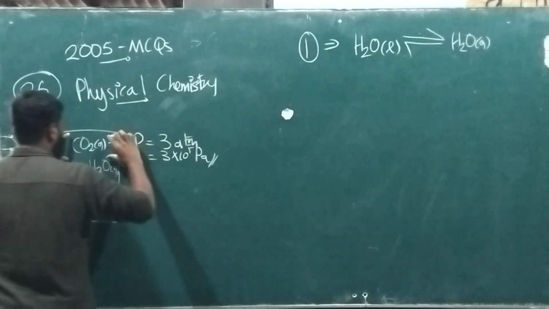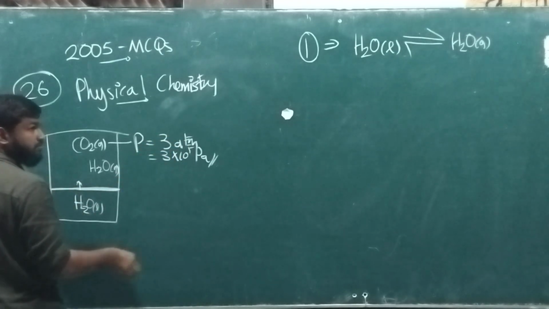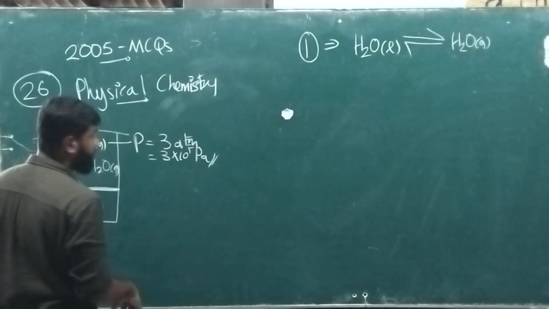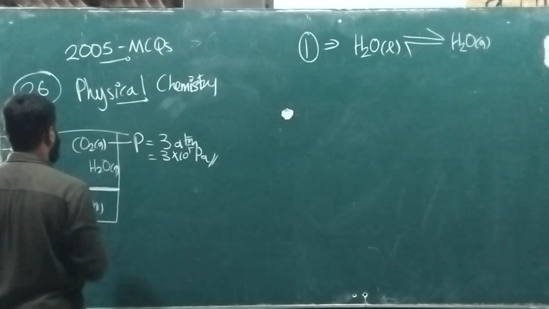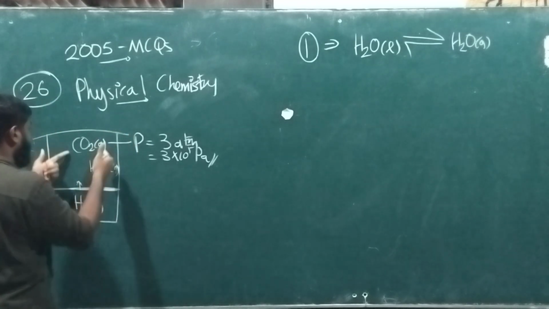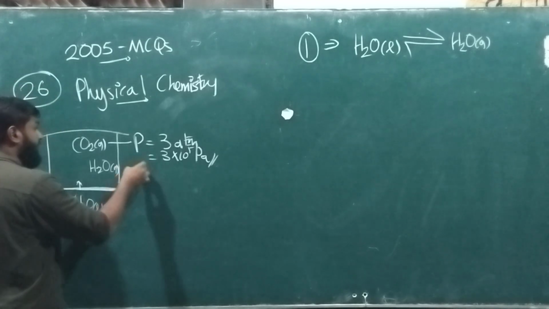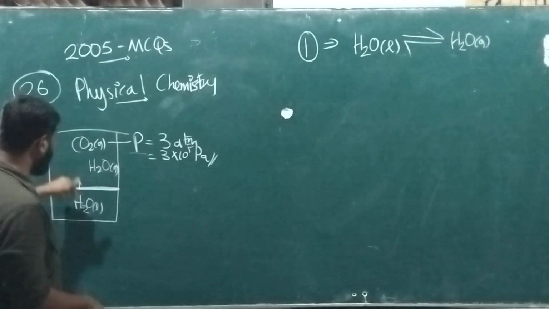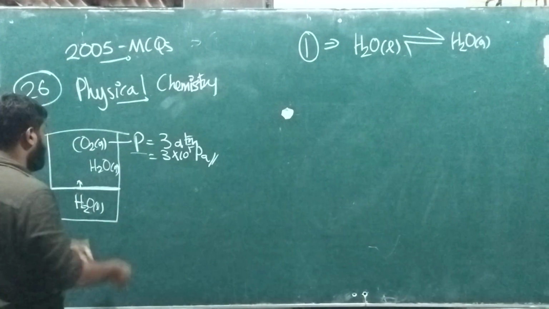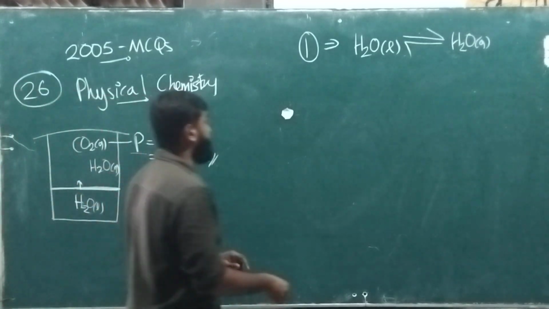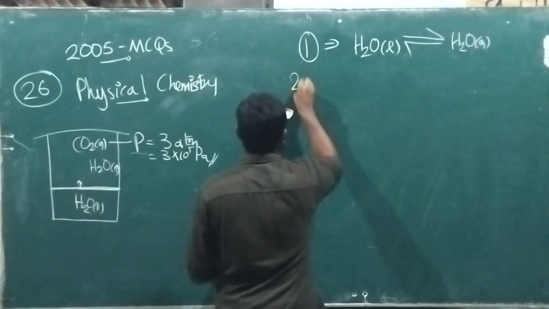Now CO2 gas is under a high pressure. It's 3 times the atmospheric pressure present in the environment. So once we increase the pressure of the gas, the solubility of the gas in the liquid will increase. In a sense, you will get another equation.